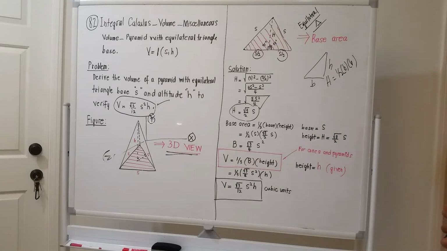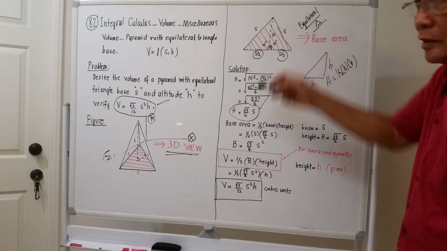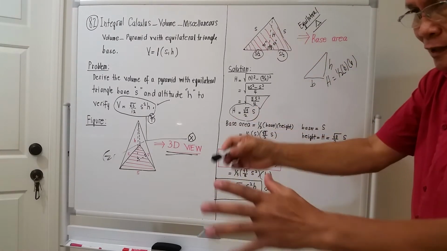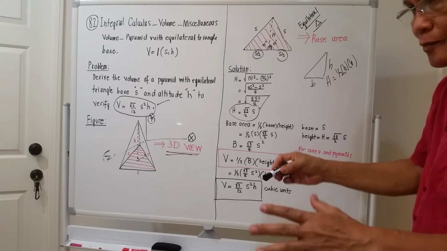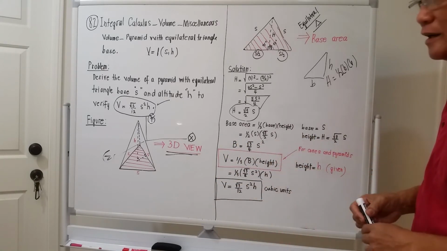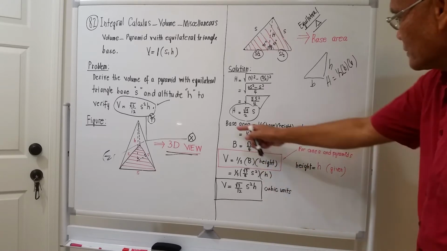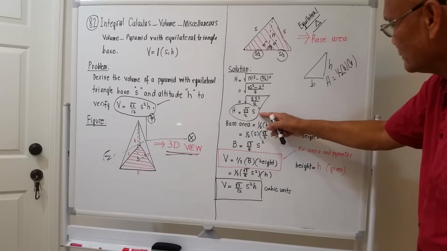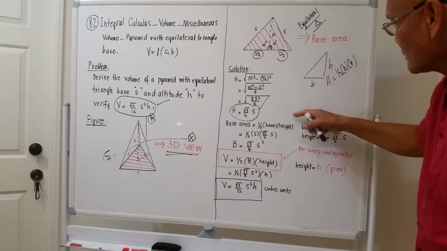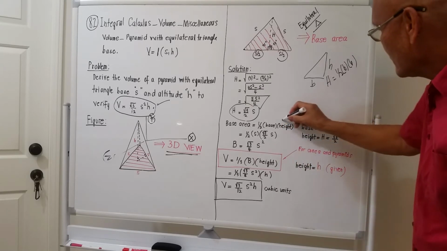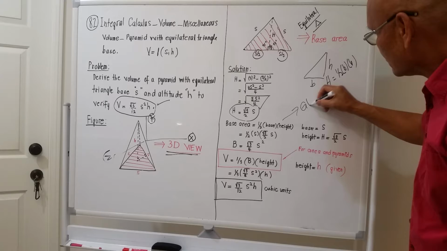So if we now try to compute for the base area, we are not using integral calculus here. It's just the normal solution, okay? It's the so-called solid mensuration solution. Base area will be equal to 1/2 times the length of the base times height. This is a general equation in mathematics.